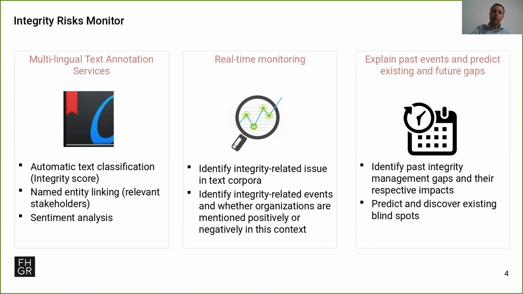For instance, if a company has taken efforts to prevent corruption within a company, or whether they are perceived negatively if a company has violated such standards. And finally, there's the last, most complicated part that's about analyzing past integrity management gaps in the hope that we can use them to predict and discover existing blind spots, which basically exports time series from the portal and analyzes them.